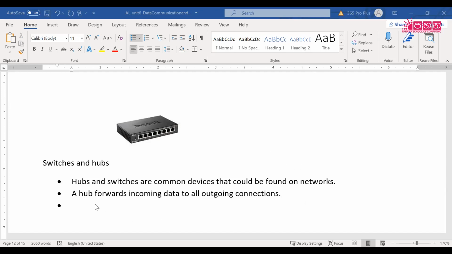Right. When you take a switch, on the other hand, let me show you, it looks similar. More or less similar if you look at it, but usually you have more ports than the hubs, right?